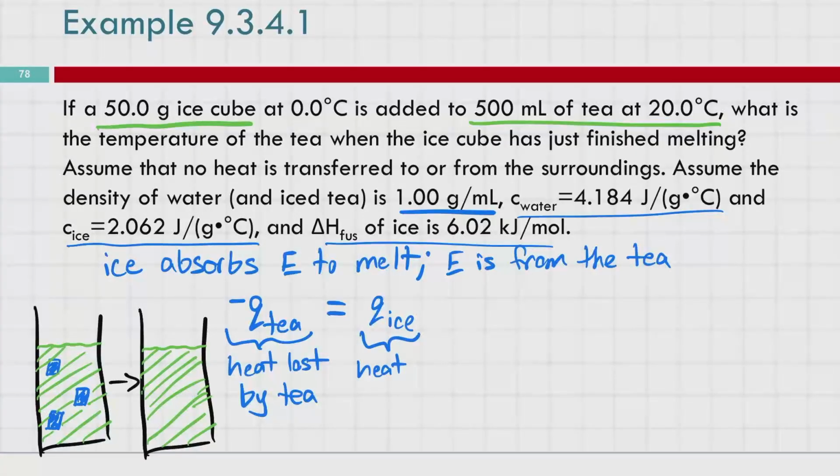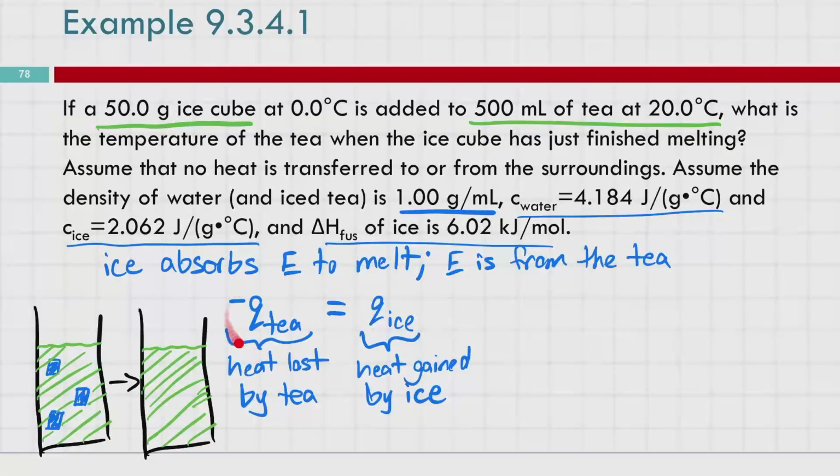This is just saying that this is equal to the heat gained by the ice. So ice absorbs energy to melt. The energy is from the tea. Mathematically, we represent that this way. So the amount of heat that our ice gained is the opposite of the heat that was lost by the tea.